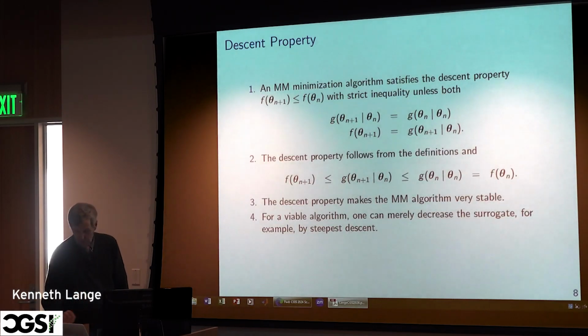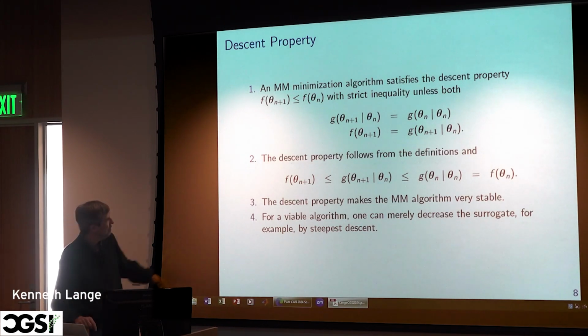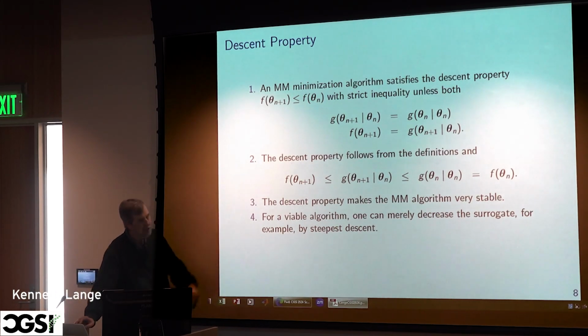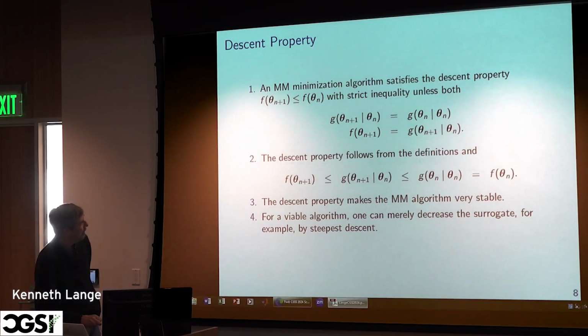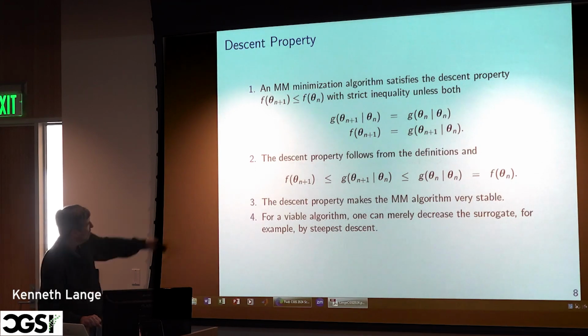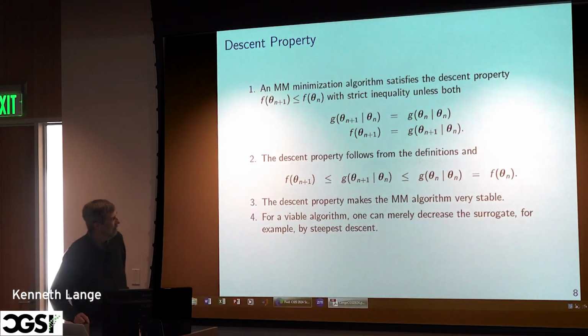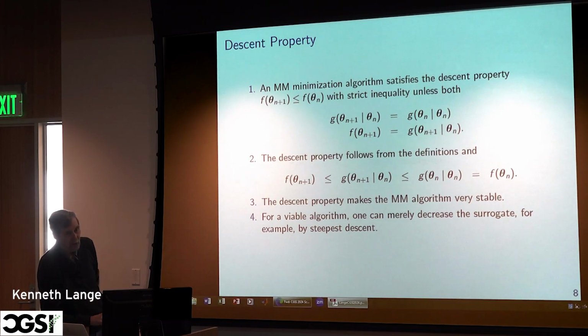So what drives this process is this sequence of inequalities. If we go from right to left, the far equality is just tangency on this line here. The next one is you're minimizing the surrogate.